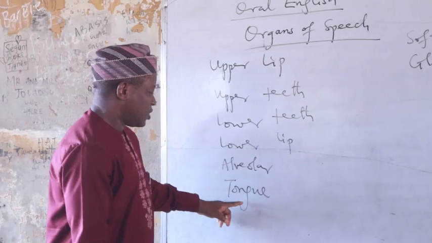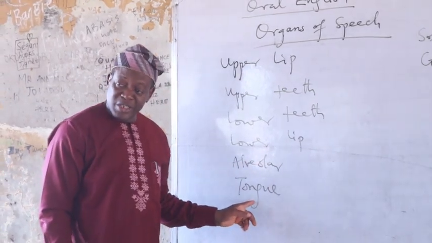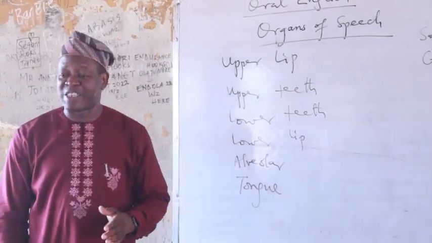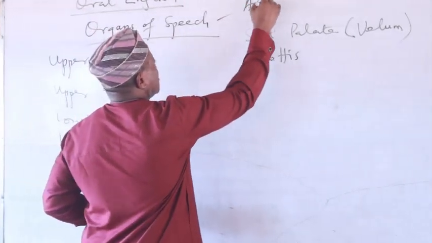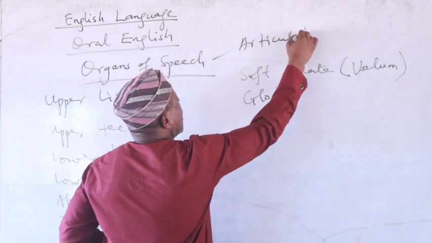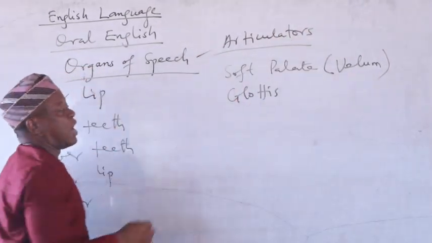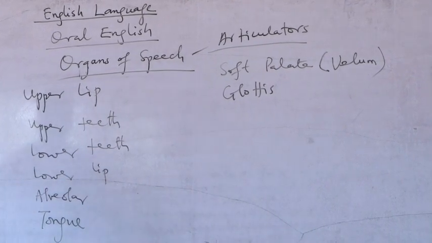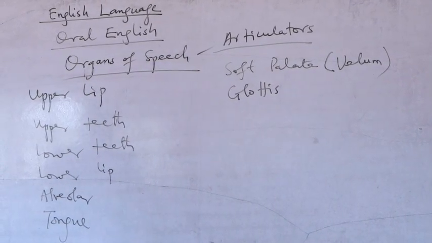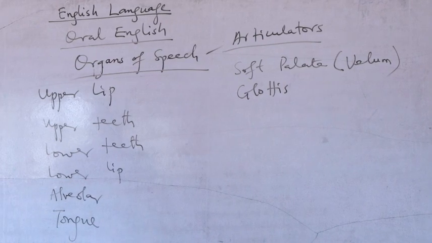Now, the tongue is the most mobile articulator. Another name for organs of speech, we call it articulators. Now, some of these articulators are mobile, some are immobile.